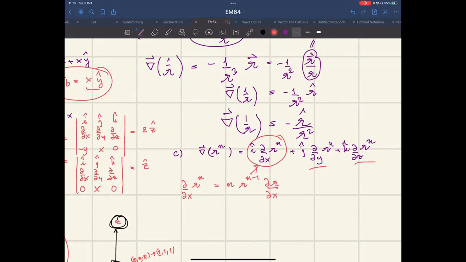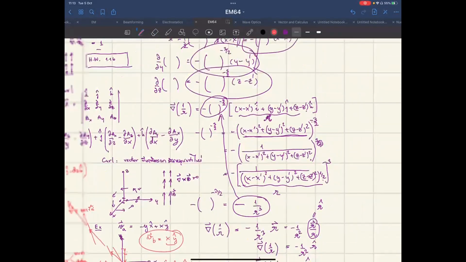Any questions? No questions. Everyone understands it, right? And what is this thing here? dr by dx. Have we done that? dr by dx.